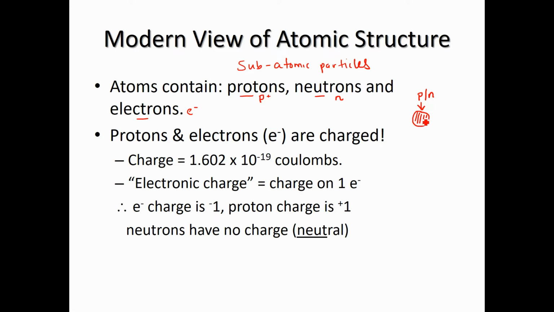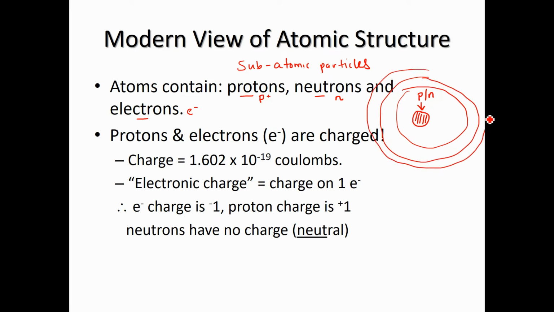Just like when you break an egg, you get the yolk. So the nucleus will be the kind of the yolk of the egg. And then electrons will be found outside the nucleus in electron clouds that we call shells. Okay? So electrons will be dancing out. If I would ask you, what's the charge of the nucleus? If the neutrons are neutral and the protons are positive, then the nucleus should be positive.